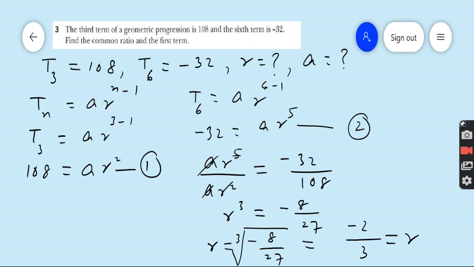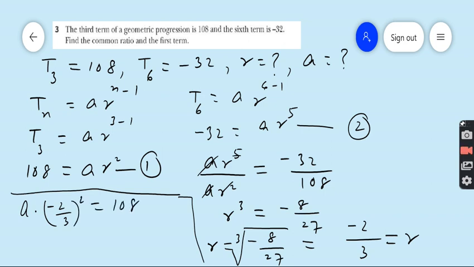Now how to find the value of A? Very easy. Just put this value of R in any one of the equations. I am putting it in equation number 1, that is A R square: A times (minus 2 upon 3) square is equal to 108.